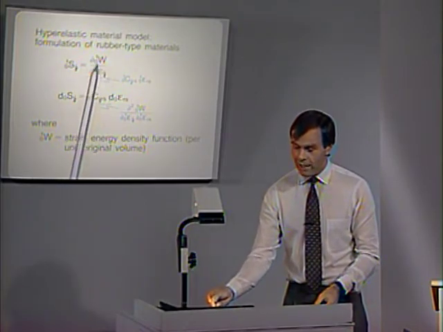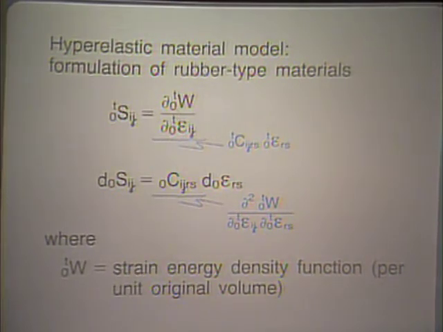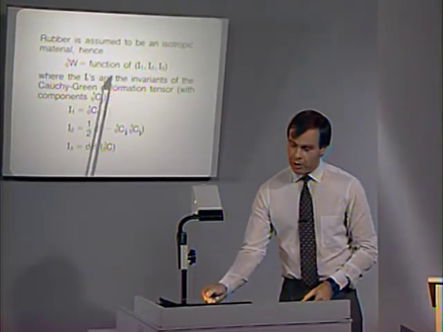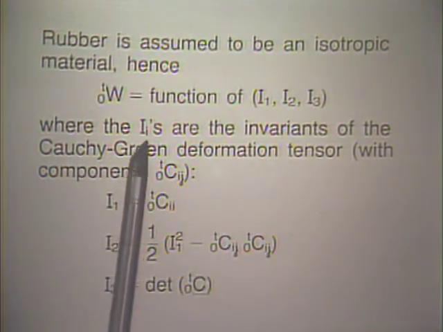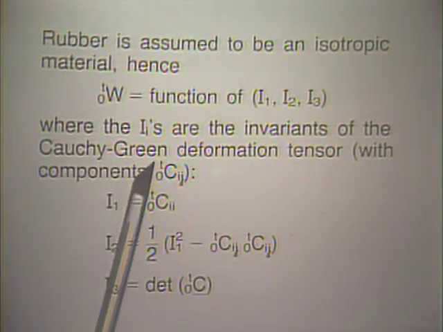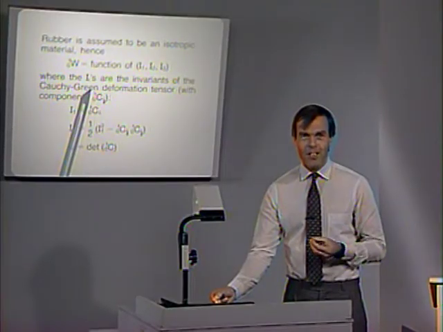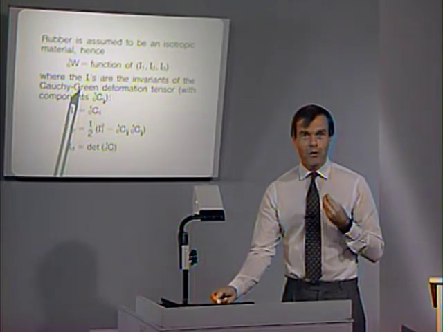And of course that has to be defined for a particular material that you're looking at and will involve certain material constants. For rubber we generally use this kind of description here where W is a function of I1, I2, I3 and the I's are the invariants of the Cauchy-Green deformation tensor. We discussed the Cauchy-Green deformation tensor in an earlier lecture. Of course it's given in terms of the deformation gradient.